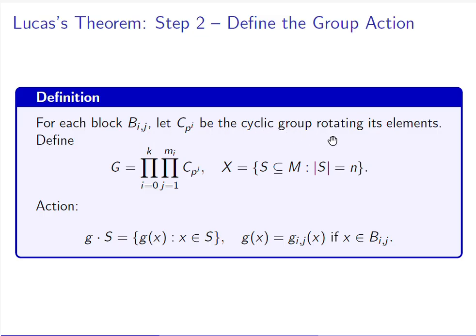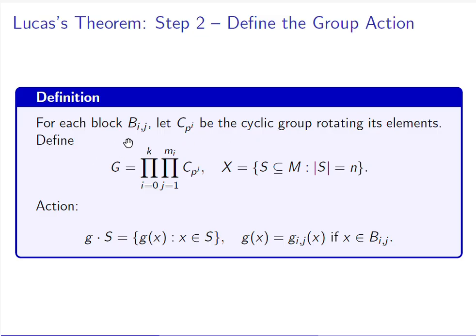For example, if you choose 3, 4, 5, you can take the element (3 4 5) of the symmetric group of order 5, and it's just going to permute. So the 3-cycle (3 4 5) will just permute that set. Anyway, let this be a cyclic group of order p_i, which is acting on this set by cyclic rotation.